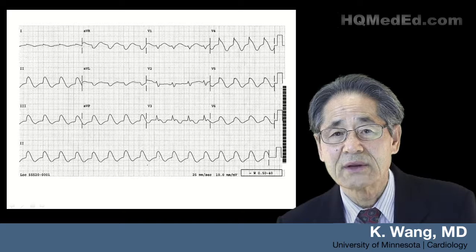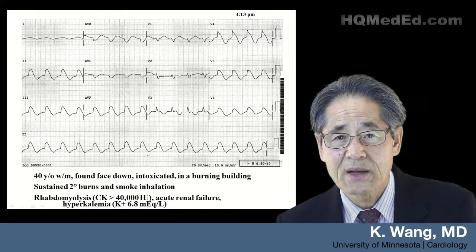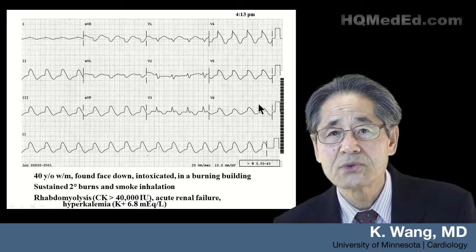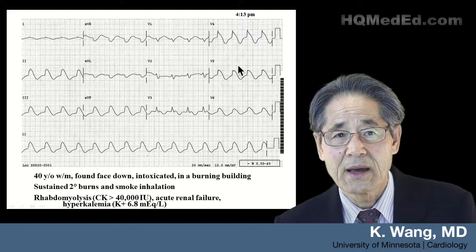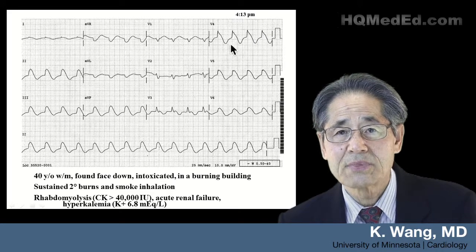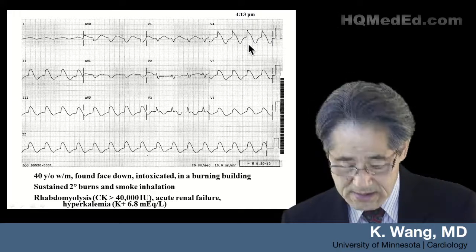Diffuse ST elevation, but turned out that severe metabolic or electrolyte problems can cause diffuse ST elevation like that. You can notice that the ST segment begins from the top of the R and it's continuously downsloping, ending in an inverted T wave.